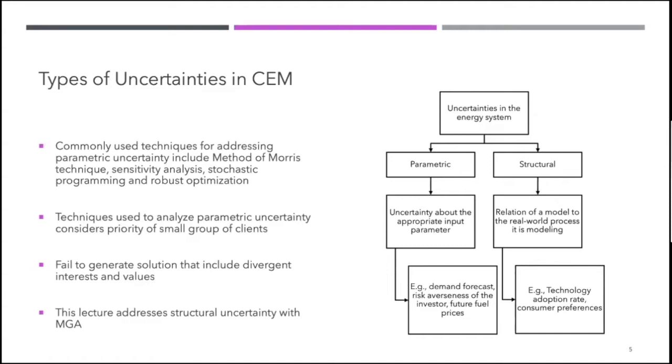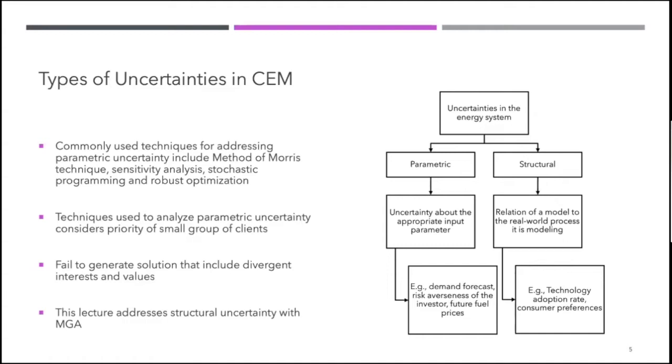The power system models that we have right now, they only consider one system or one decision maker who can make a cost optimal decision, assuming that they have perfect foresight about what is going to happen in the future. But in reality, that's not the case, right? So we have to consider these different preferences from different actors in the system.